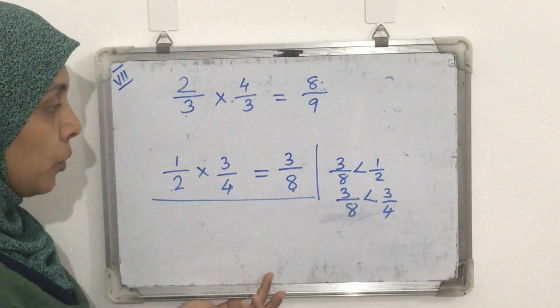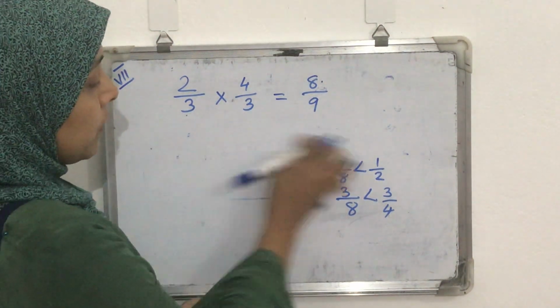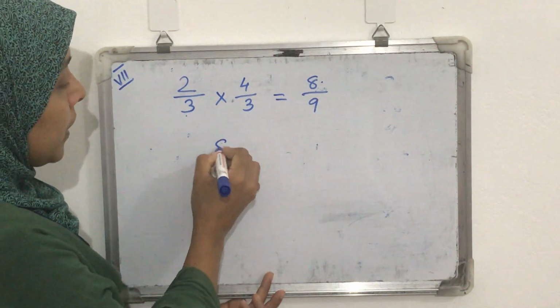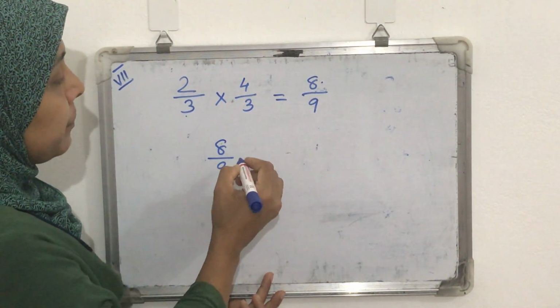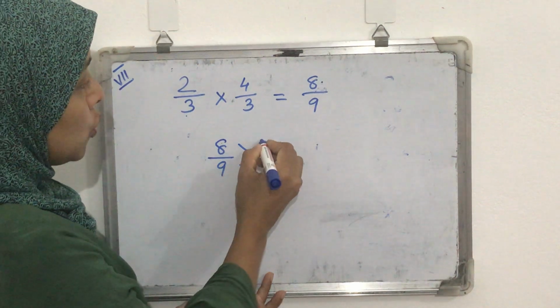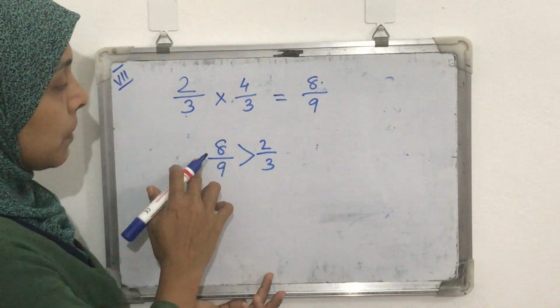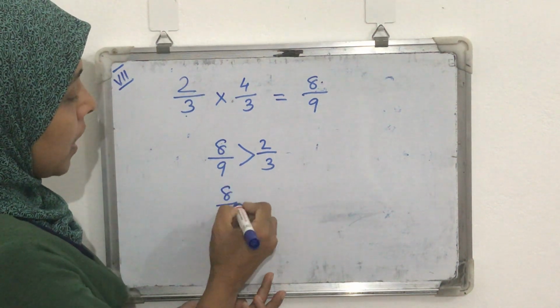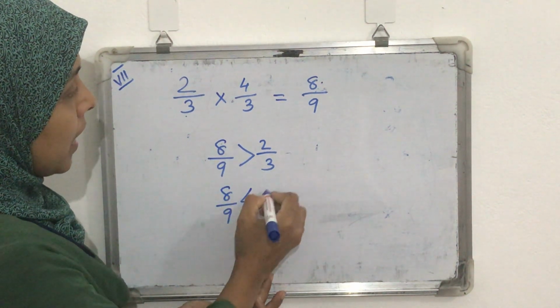Its product will be 8 by 9. 8 by 9 will be greater than 2 by 3, but 8 by 9 will be less than 4 by 3.